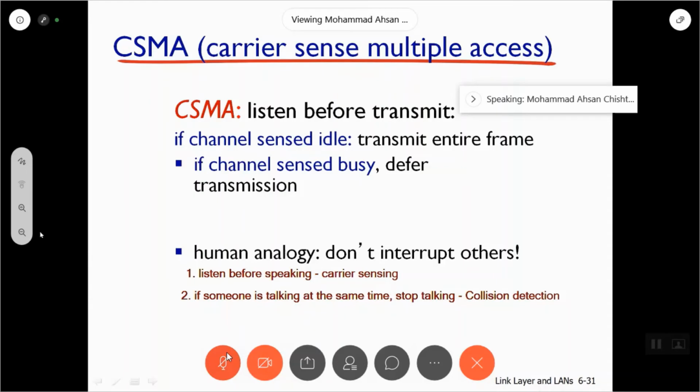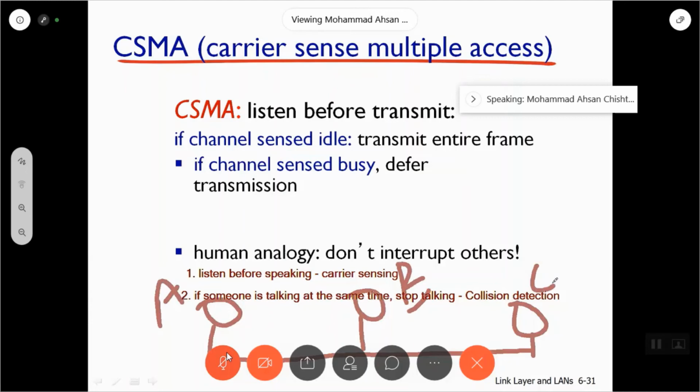See, this is the channel. All right. This is a node. This is another node, and this is another node. We have here A, we have here B, and we have C. Now, we use CSMA in which we have carrier sensing.